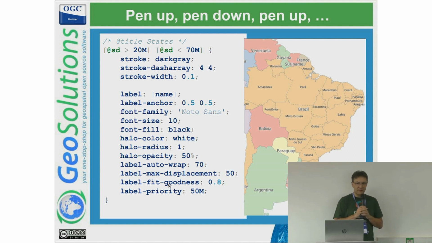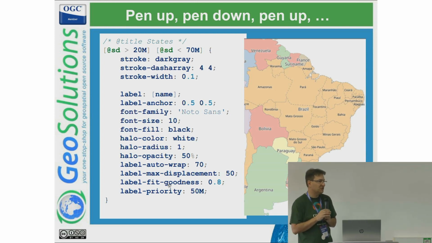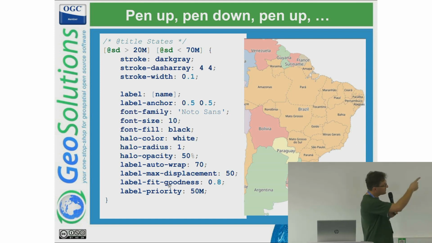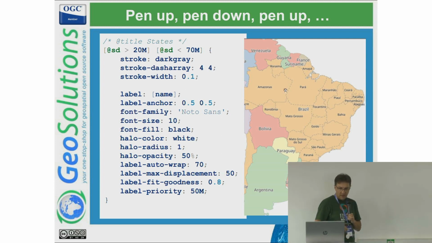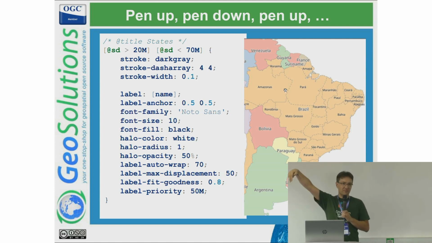The slide is called pen up, pen down, because that's how we achieve the dashed line that is the border between the provinces. So here the idea is that we have this stroke-dasharray property that says 4, it means pen down 4, write a line, pen up 4, skip, pen down 4, pen up, and so on.